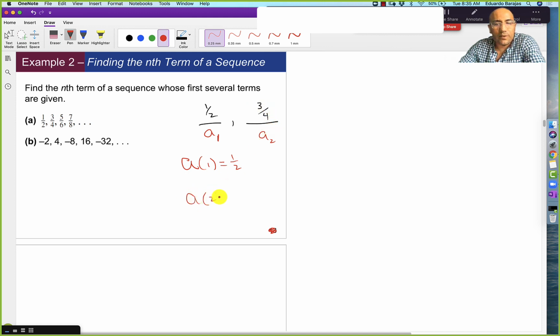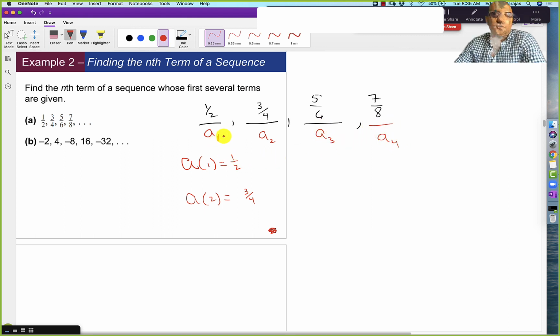A of 2 should be equal to 3/4. And so on and so forth. So this should be 5/6, and then the next one should be 7/8. So one formula that generates these 4 terms when we plug in their corresponding location values, a sub 3 and a sub 4.